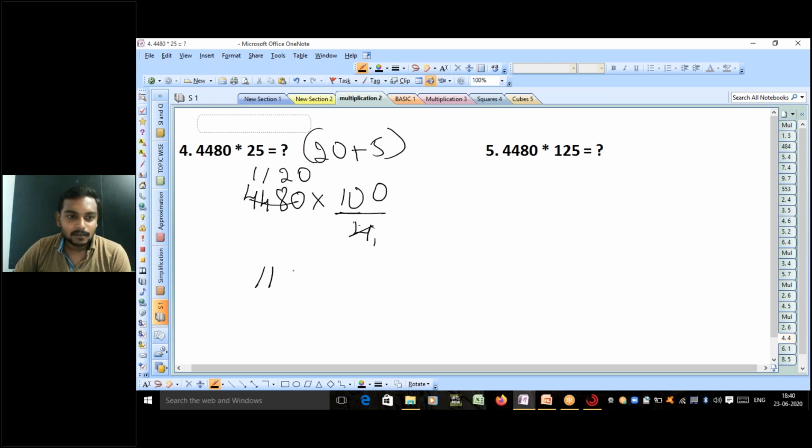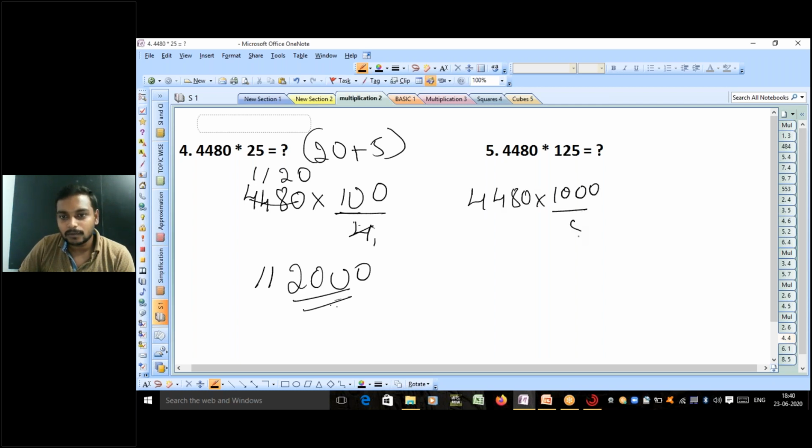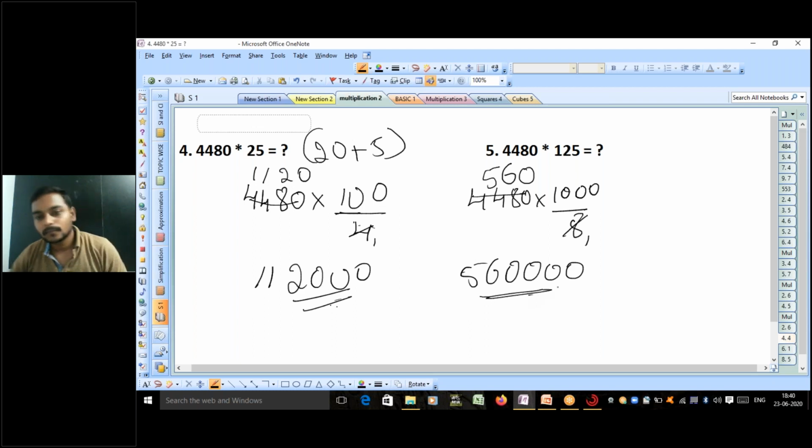Then the answer is 1,12,000. 25 is nothing but 100 by 4. 125 is nothing but 1000 by 8. So 4480 multiply with 1000 divided throughout by 8. 8 ones are 8, 8 fives are 40, remaining is 4, it will become 48. 8 sixes are 48, then 0. So the answer is 560000, it means 5,60,000.